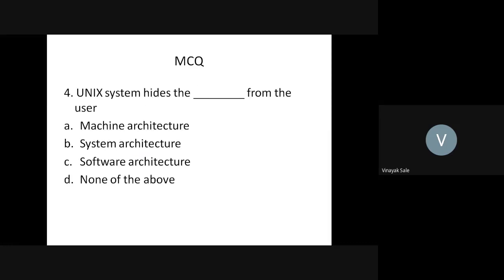Then question four: Unix system hides the blank from the user.